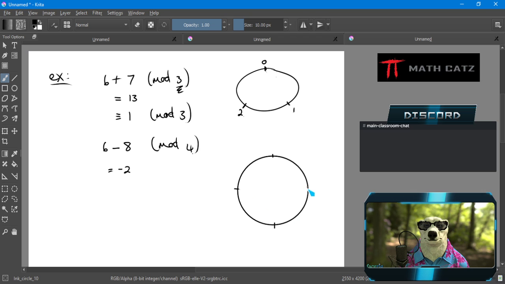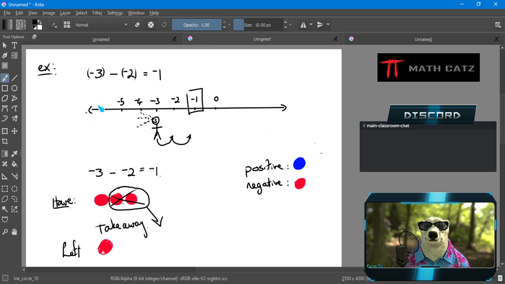In this case, I have a mod 4 circle, so 0, 1, 2, and 3 are my only possibilities where I can stand. If I were to walk on a number line, negative 2 on its own means I stand 2 steps left of 0, smaller than 0, in the smaller direction.